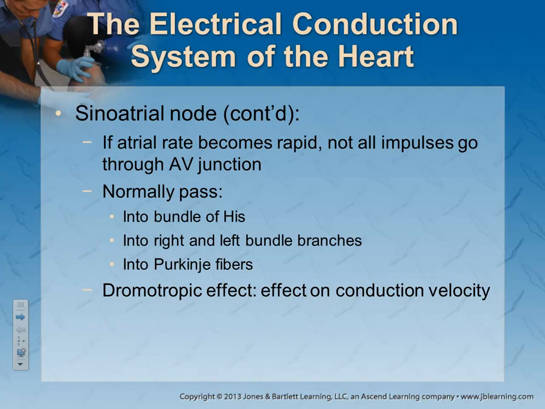And if the dromotropic effect goes too fast for the heart to keep up, then it's going to start finding what they call aberrant pathways, which are just pathways that are not the normal track, and then they're going to start having re-entry beats, which means that they're going to follow a different pathway, and then they're going to re-enter the ventricles in areas that they normally are not supposed to. So you start having myocardial cells doing their own thing, then you start having a lot of issues. Okay?